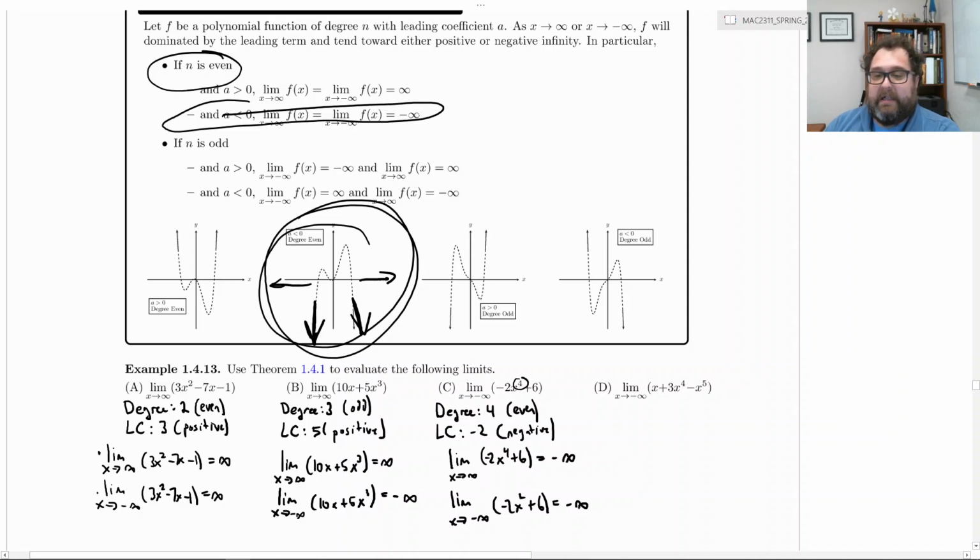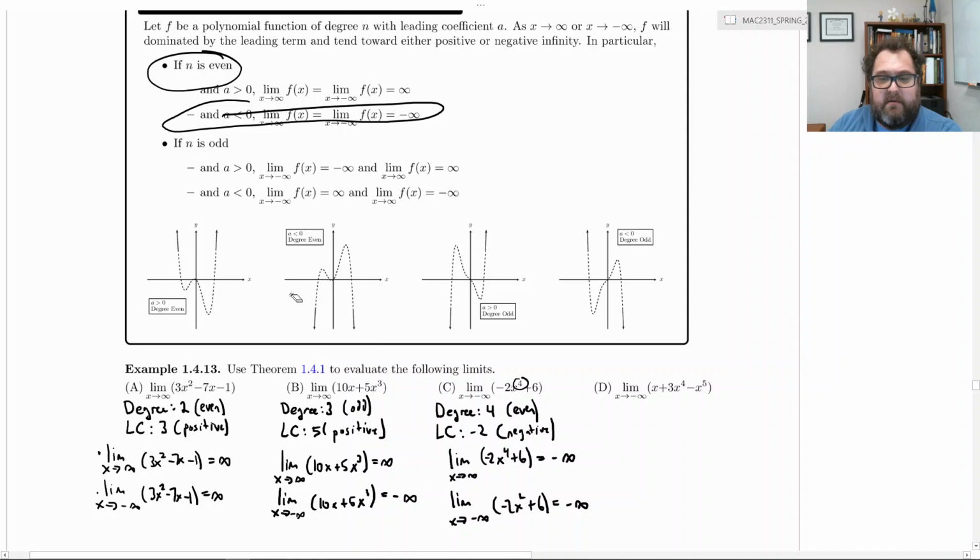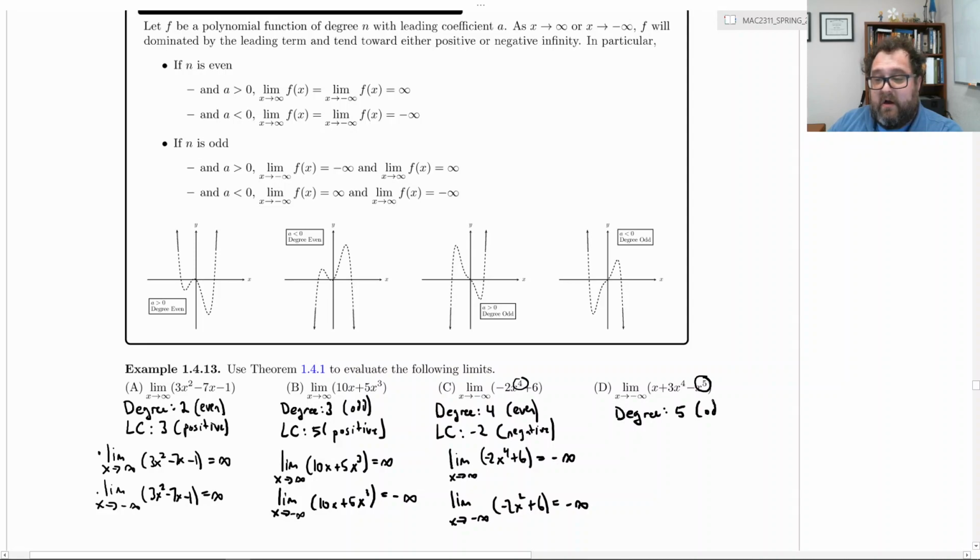Okay. Last one. So what's the combination we have not talked about yet? I guess that should be the last one. Let's see here. We have a highest power of x is 5. So the degree is 5, which is odd. And the leading coefficient is an understood -1. So negative.